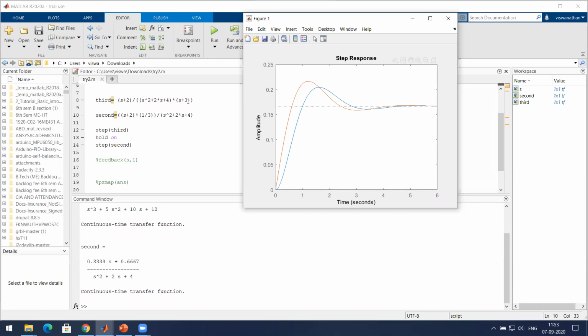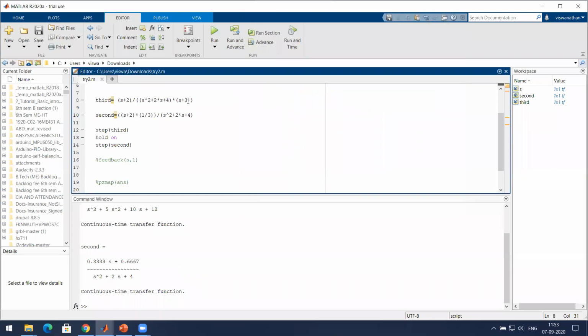So what you can understand from this is that s plus 3 is only 3, it's not very far from the imaginary axis. But if you have s plus 10, then it is far away from the imaginary axis. 3 is a smaller number compared to 10.